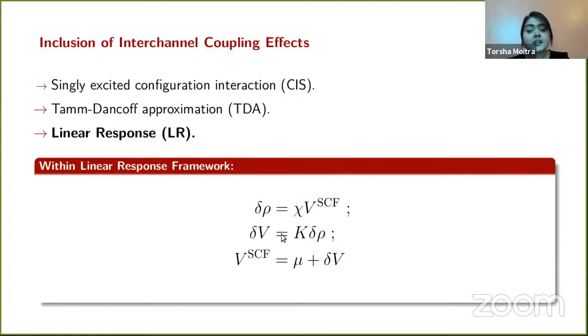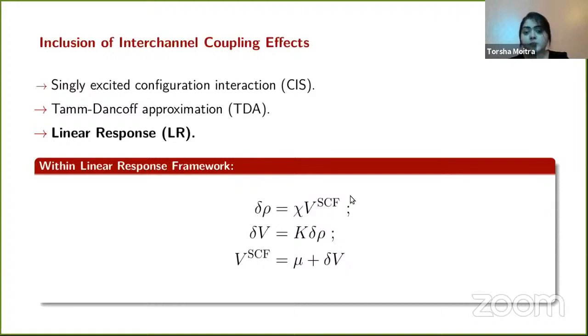Here, delta rho is the first order change in the electron density induced by the potential, chi is the electric susceptibility, delta V is the first order change in the potential induced by the change in the electron density, and K is the linear kernel connecting the two.